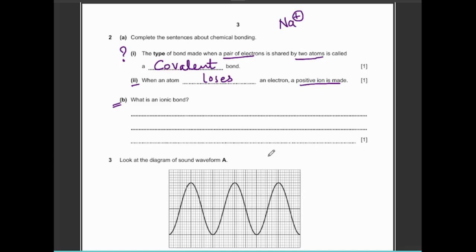It is a bond between a positively charged ion and a negatively charged ion. This is very important. It's between a positive charged ion and a negative charged ion.